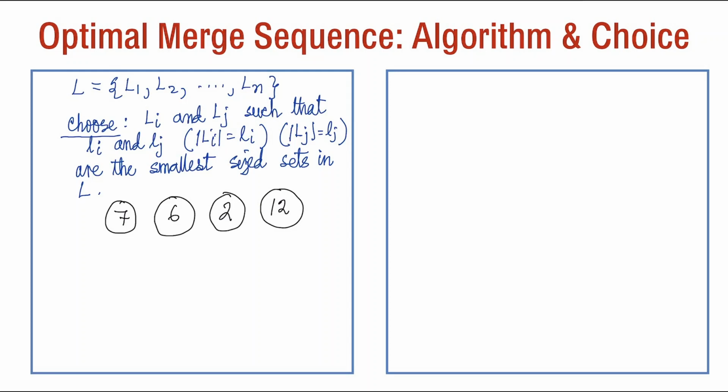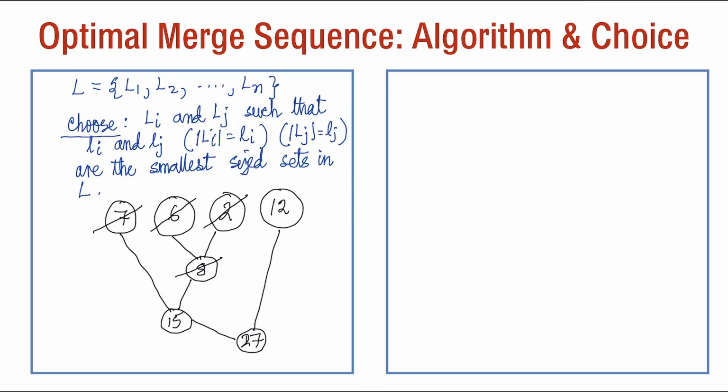So we merge these two and we get a list of size 8. Now these two are removed from the list and this is included. Now among these three, 7 and 8 are the smallest. So we combine and get 15 and these two are removed. Now only 2 are left and these two are done: 27.